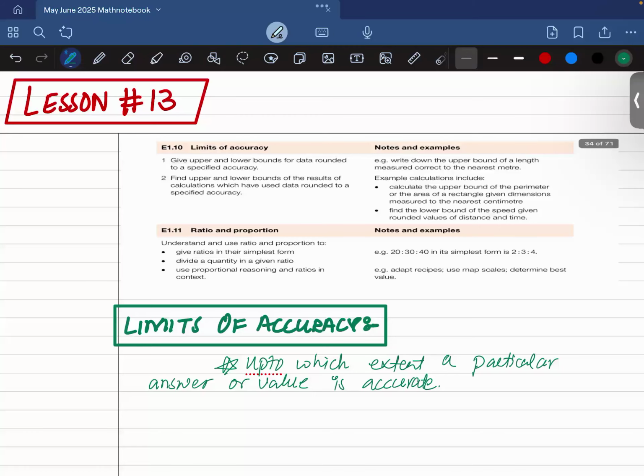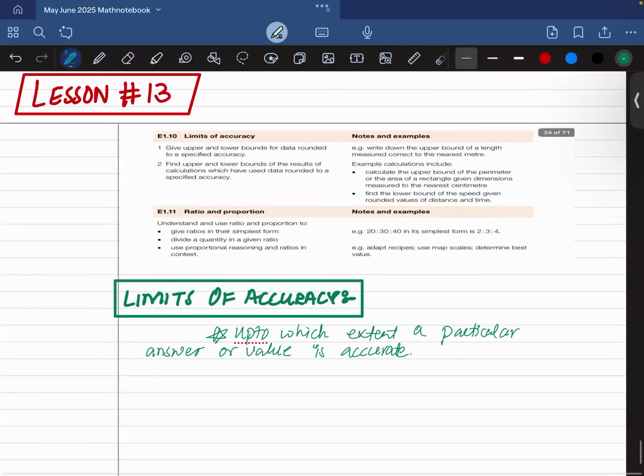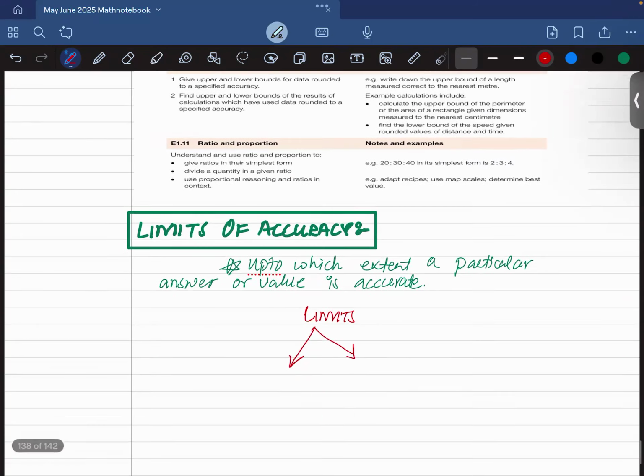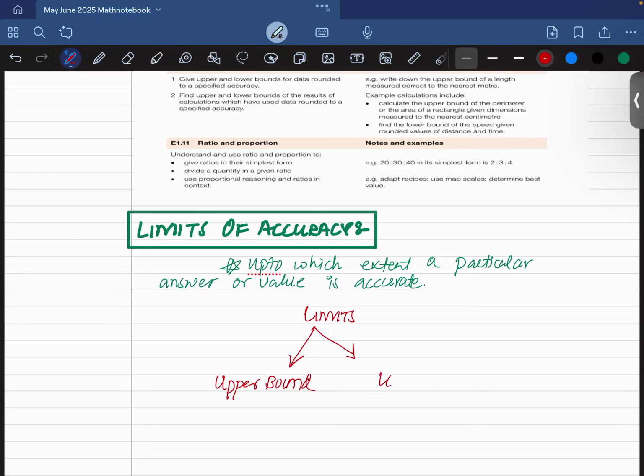First of all, you need to understand that there are two things in limits of accuracy. There are two limits. The first limit is the upper bound, and the second limit is the lower bound.